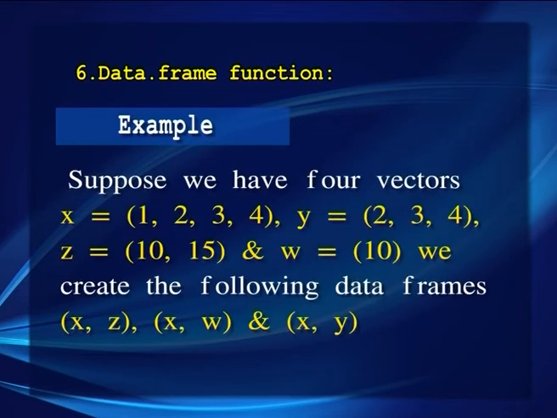Example, suppose we have 4 vectors: x is equal to 1, 2, 3, 4; y is equal to 2, 3, 4; z is equal to 10, 15; and w is equal to 10. We create the following data frames, xz, xw and xy.